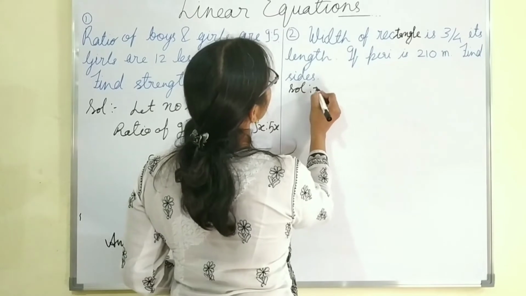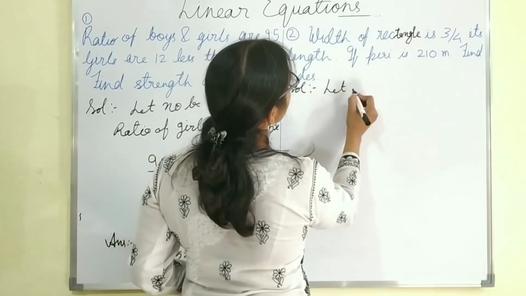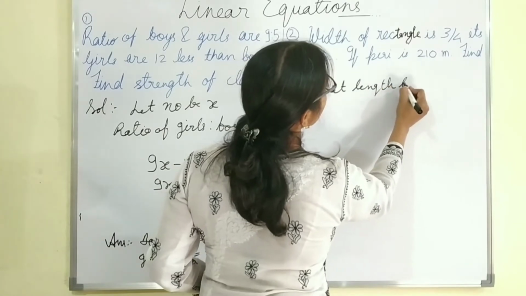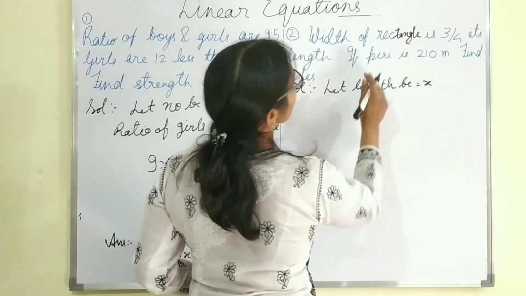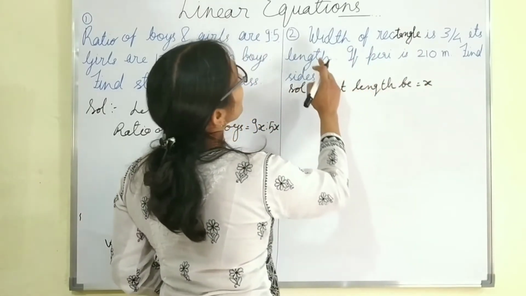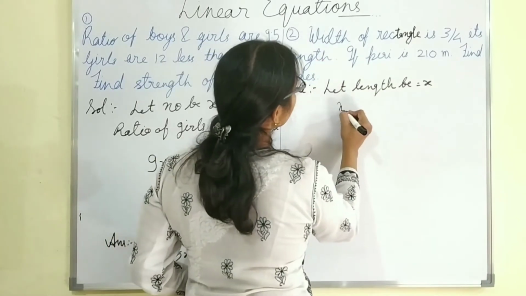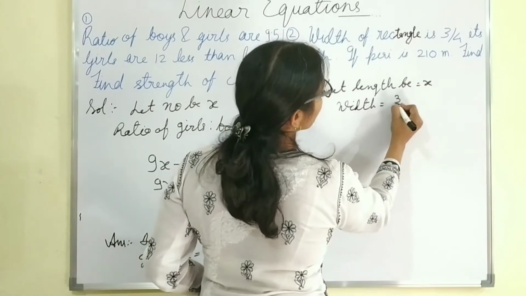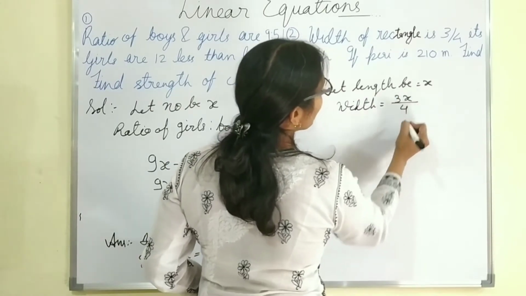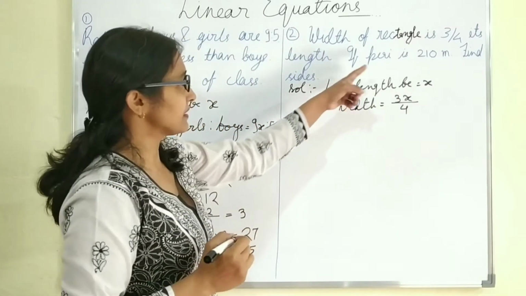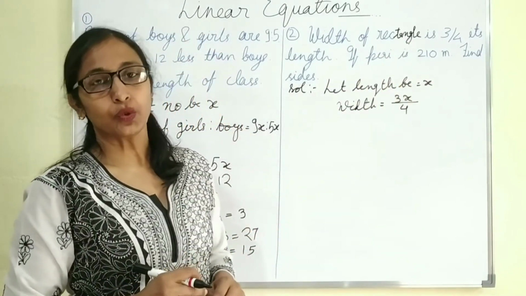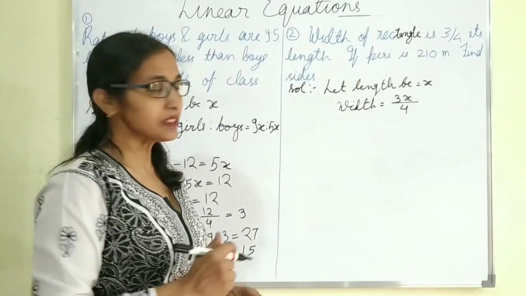So let the length be x and the width will be 3x upon 4. Now the perimeter is given as 210. The perimeter of a rectangle is 2 into length plus breadth.